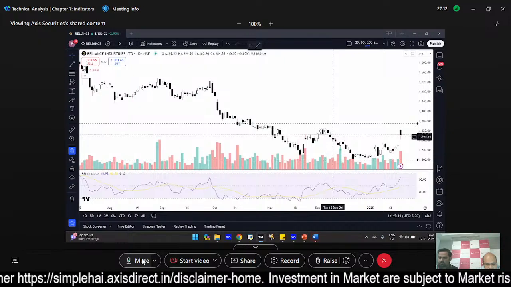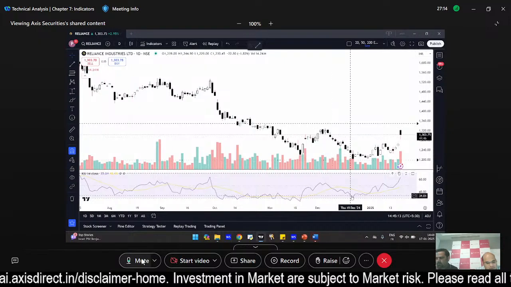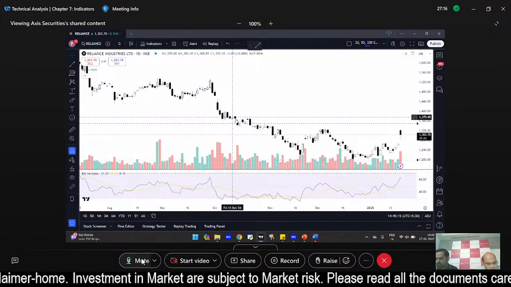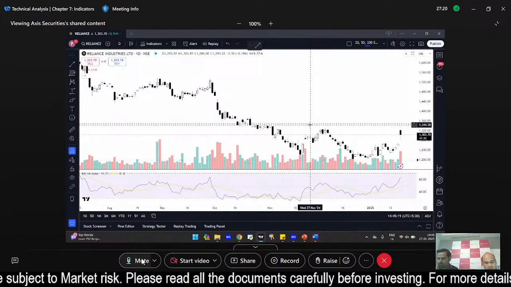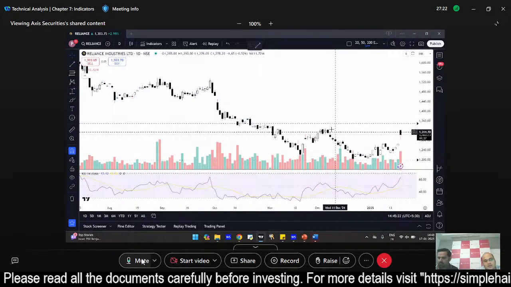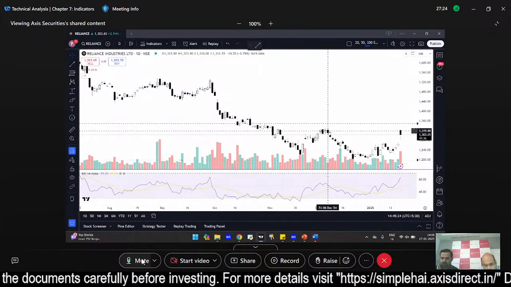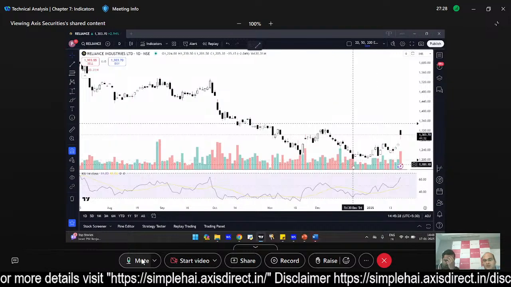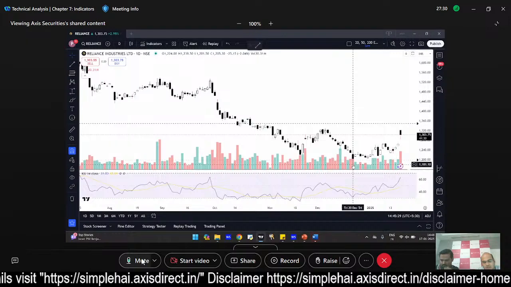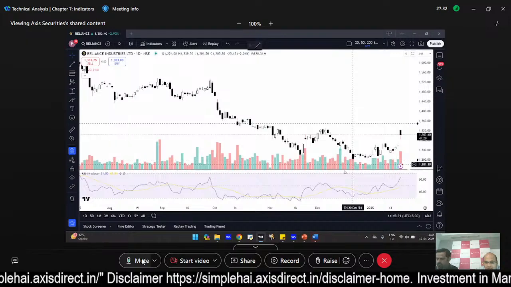In this down move you can see there is a clear downtrend in the RSI. But look at this down move. RSI is a little flat. So what does this basically mean? If I look close to close, or when I compare the close of one day to the past few sessions, you can see there is momentum build up on the downside. So your RSI line is consistently going down.